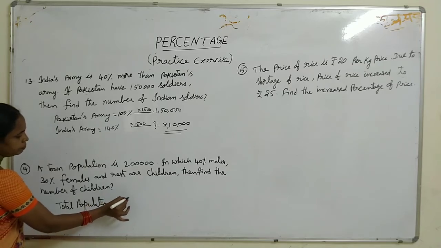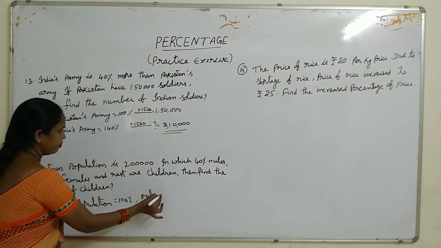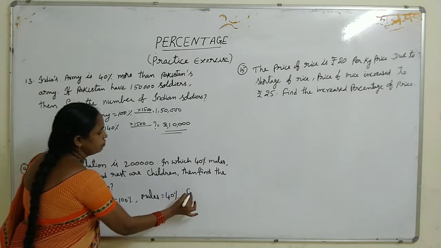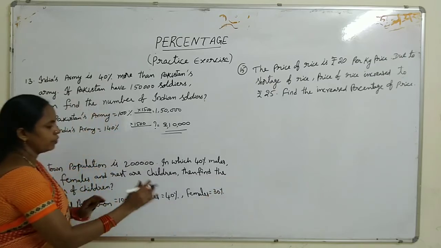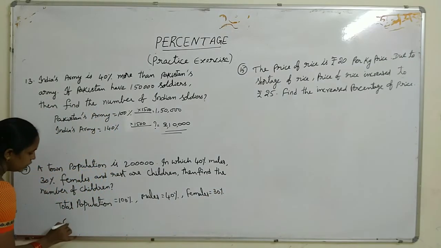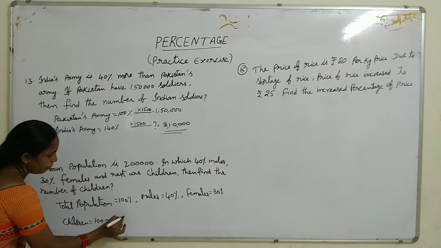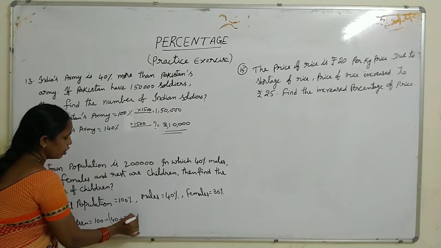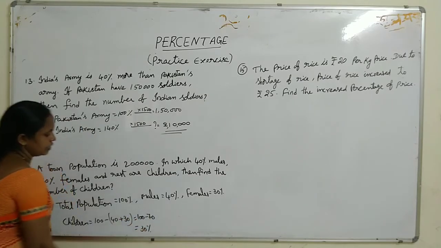In these, males equal 40% and females equal 30%. Here population means male, female and children. So children equal 100 minus 40 minus 30. That means 100 minus of 40 plus 30, that equals 100 minus 70. Children percentage is 30%.